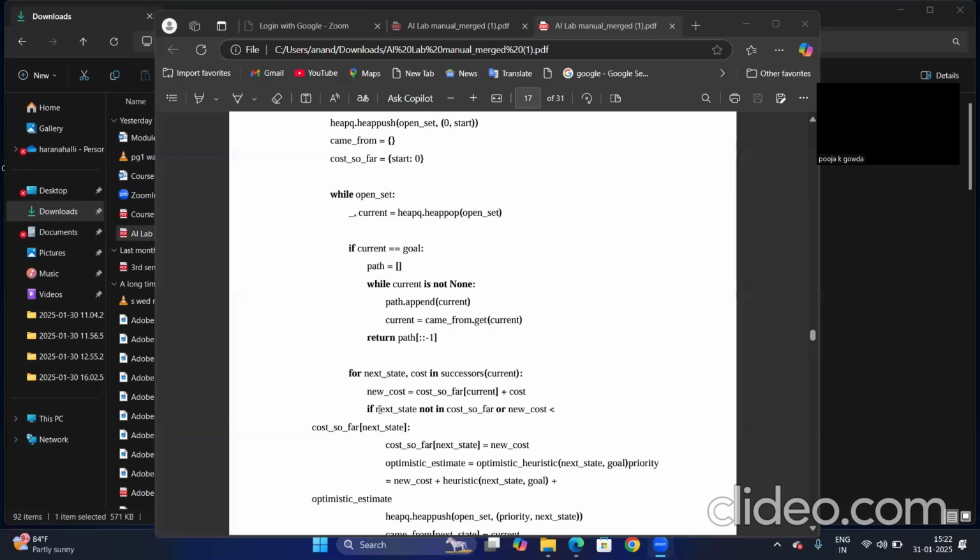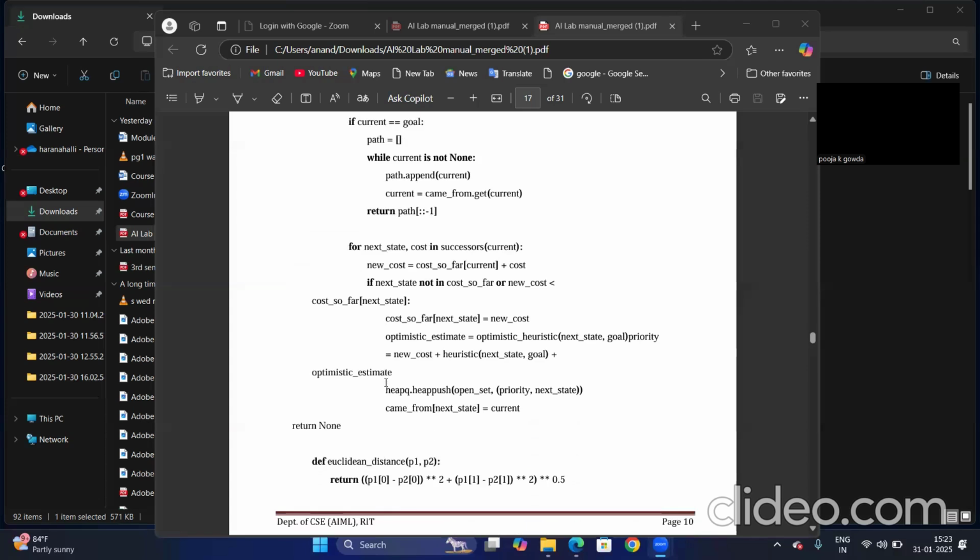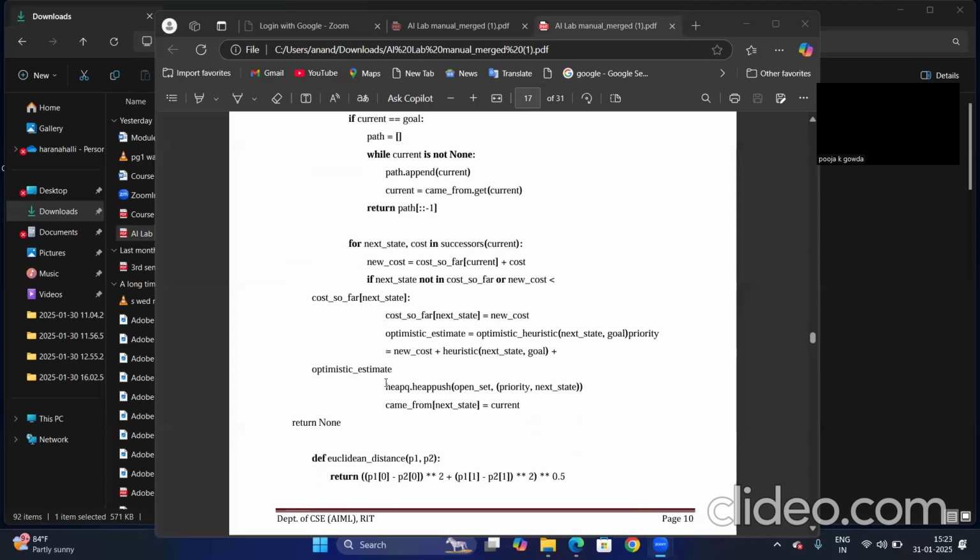Next, the cost is calculated for each node based on the cost to reach the parent node and heuristic estimates. Next, we move the node to the closed list. Once all the nodes are visited, we can reconstruct the path from the goal node to the start node.